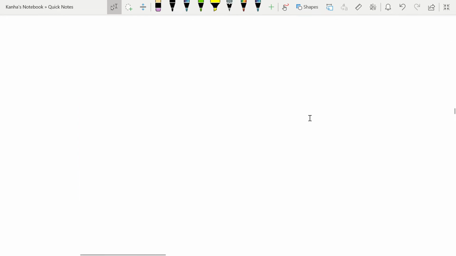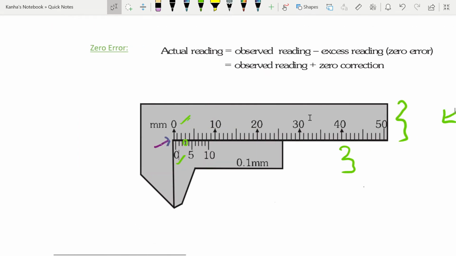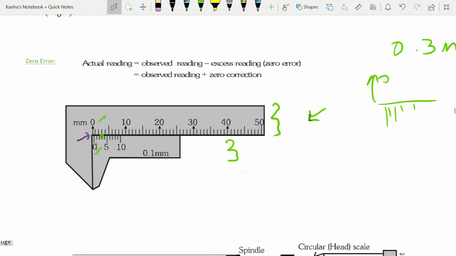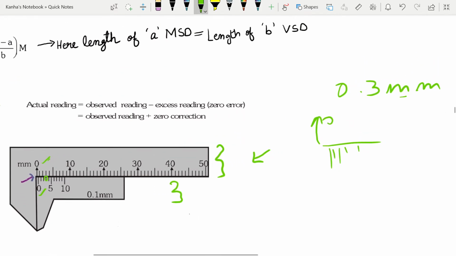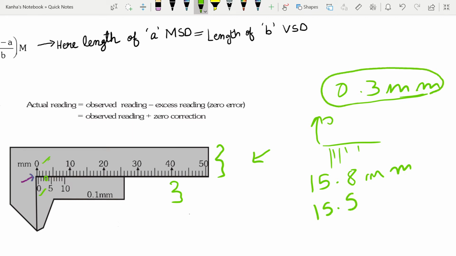So what this would translate into is when you start the measurement, you already have measured 0.3 millimeter. So if I measure the quantity and my answer turns out to be 5.8 millimeter, then the actual thing is only 5.5, because we had a head start. It's like having a head start.